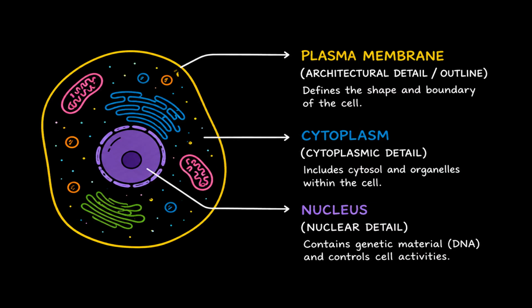The architectural detail is talking about the plasma membrane, the cytoplasmic detail talks about the cytoplasm, and the nuclear detail talks about the genetic contents that are found inside the cell. So knowing these three fundamental descriptions is very, very important for us to know the different types of necrosis. What are they? The architectural detail, the cytoplasmic detail, and the nuclear detail.